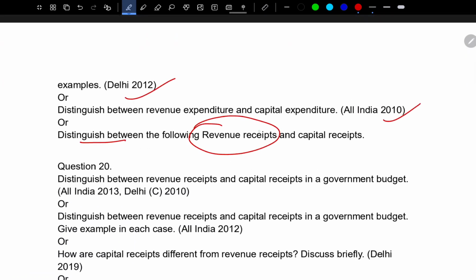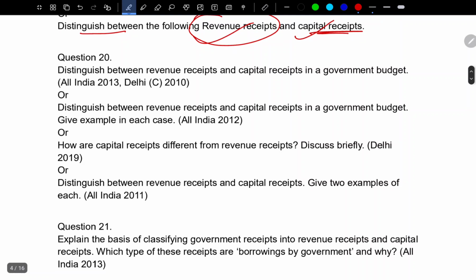Distinguish between revenue receipts and capital receipts. So here is a change: earlier it was revenue expenditure and capital expenditure, but here it asks about revenue receipts and capital receipts. So the kind of question is the same, but they have just twisted it. Question number 20: distinguish between revenue receipts and capital receipts in a government budget, and give an example in each case.